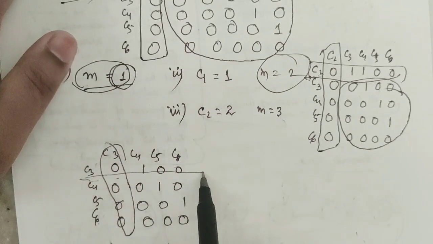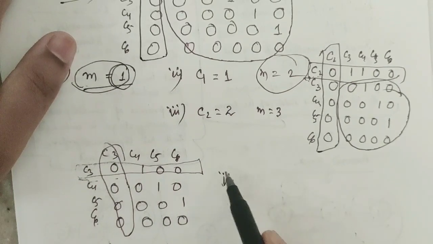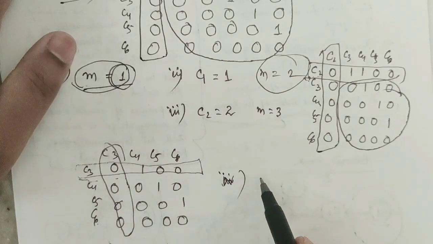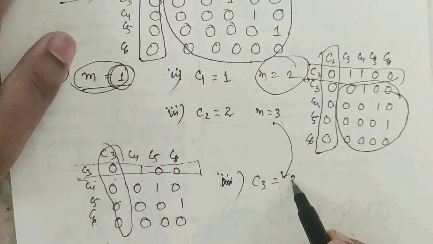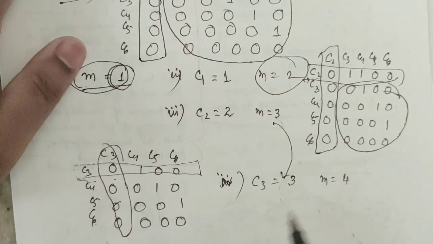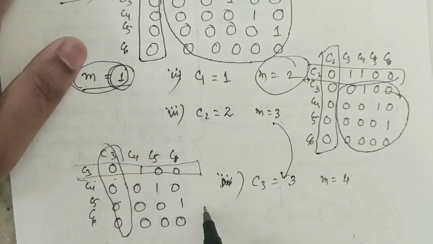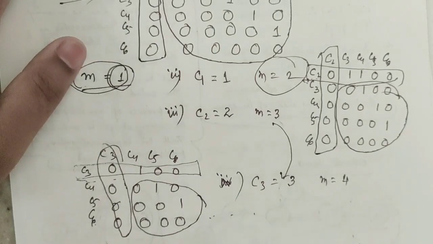So row 3 and column 3 will be deleted, and, sorry, it is step number 4. C3 will be assigned the updated value of m, that is 3, and m will be updated as m plus 1, that is 4, and you have the remaining part of the matrix. I think the rest of the steps are easily guessed.